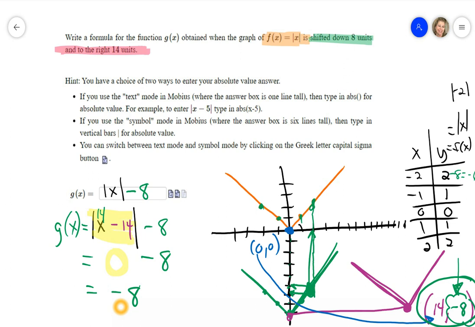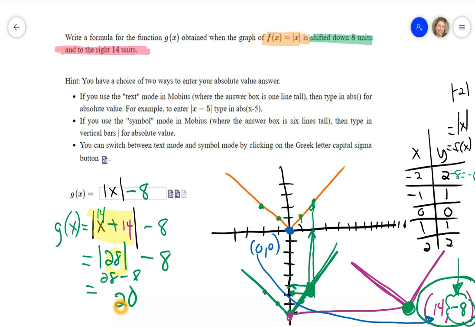A lot of people think you need to put x plus 14 because you move to the right. I mean, logically it makes sense, but 14 plus 14 would be 28. The absolute value of 28 is 28, and 28 minus 8 is 20. It's supposed to be a negative 8. You can see from the graph that this point right here has coordinates of 14, negative 8.